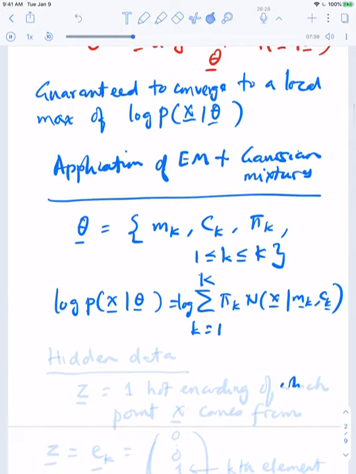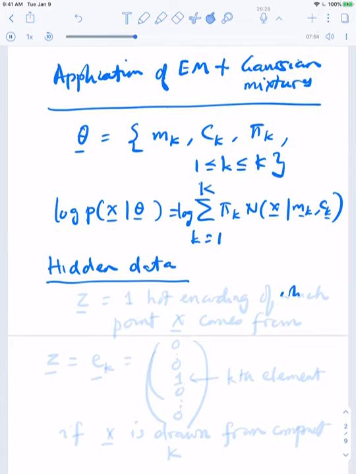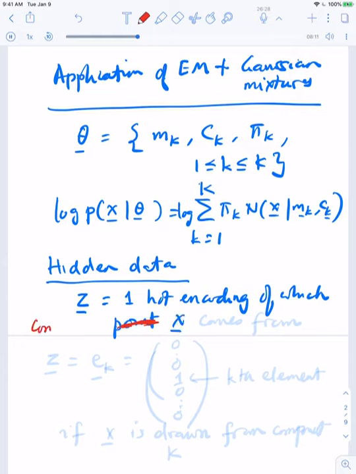So what if somebody told you which component each data point was coming from? That is our hidden data. For a generic data point, I'm going to write down the hidden data Z as a one-hot encoding of which component X comes from.